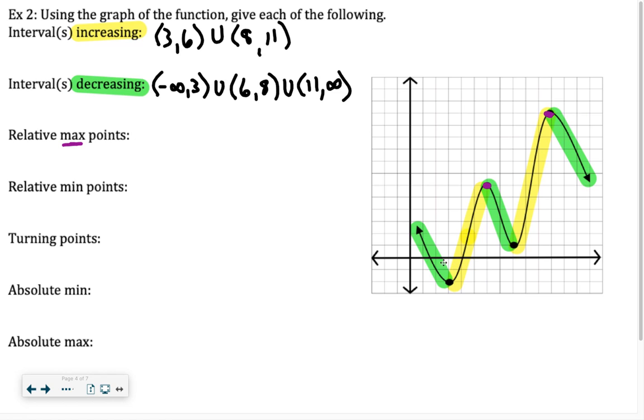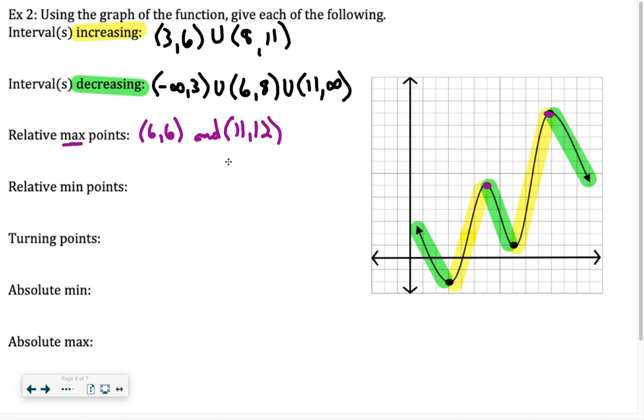So that would be the point 6, 6, and my other one is at 11, 12.